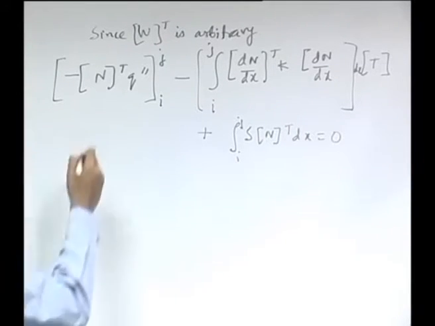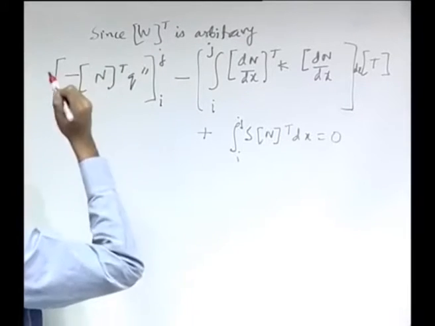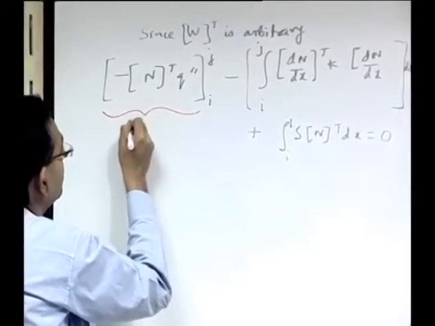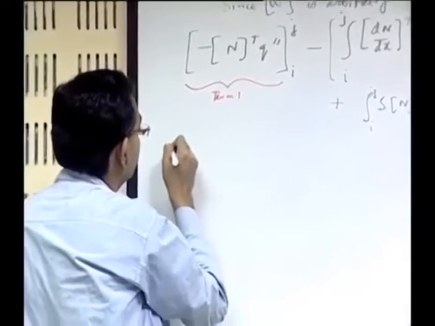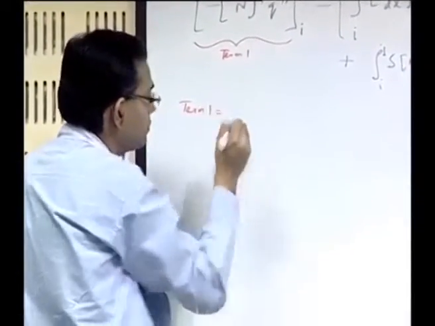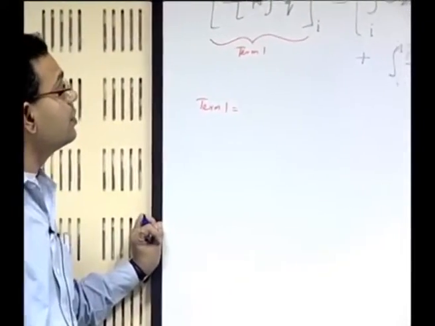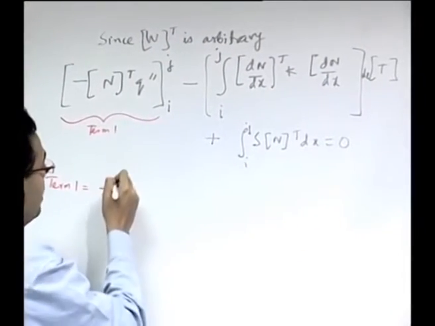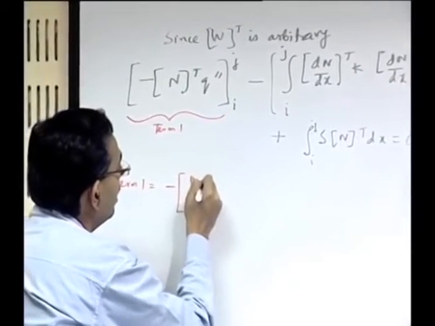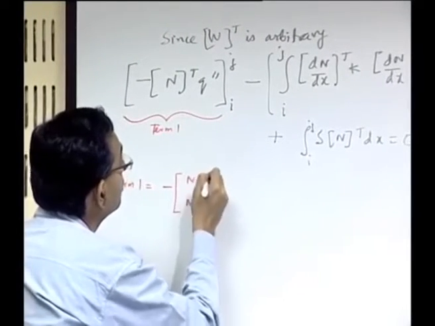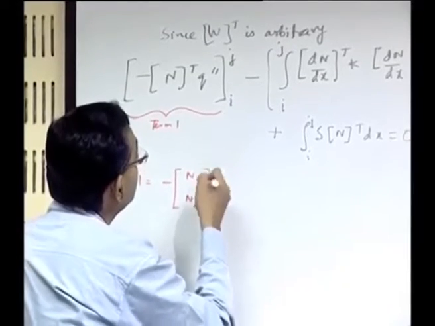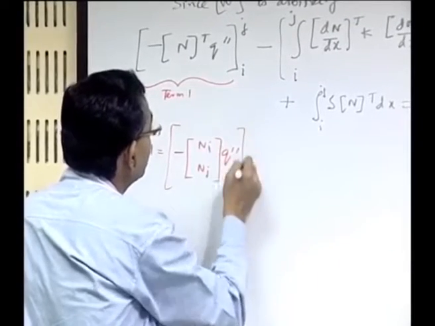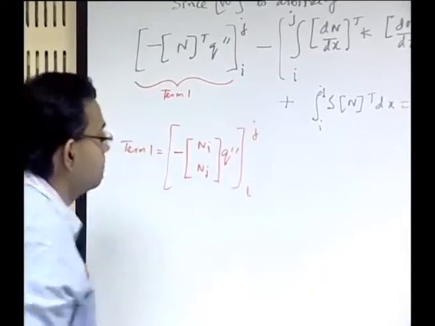We will simplify these one by one. So, first consider this expression minus n transpose means what? So, we are first considering this term, say term 1. Minus n transpose means ni nj corresponding q, then this entire thing between I and j.